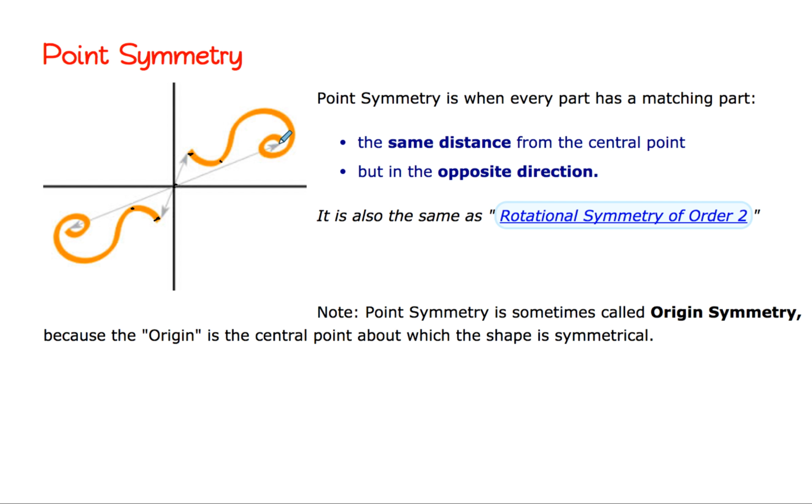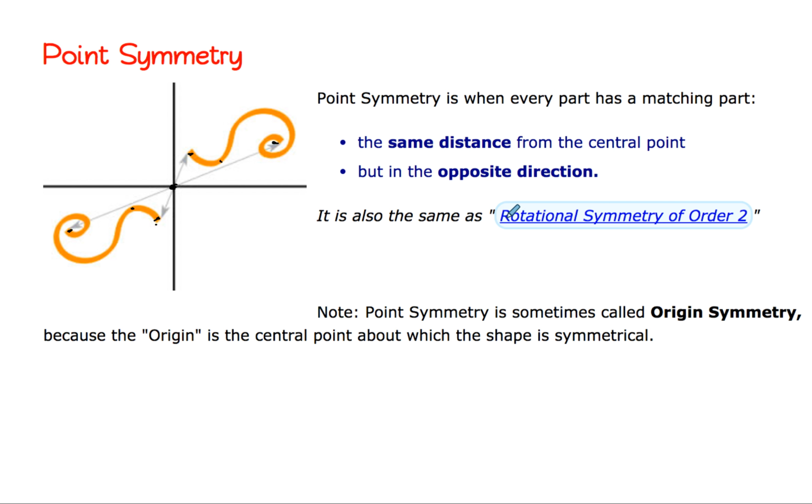If I took this end point of my curly Q and I reflected it over this point of origin, it would map onto this point on the curly Q. So the same distance from the central point is what each of these matching points are. In other words, each of these points are the same distance from the origin, but in the opposite direction.